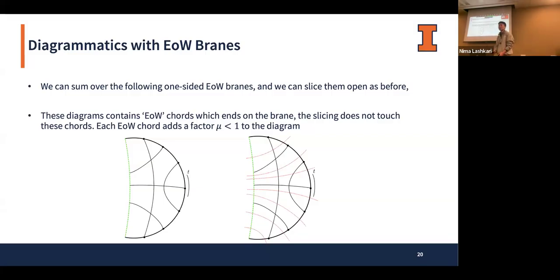Sorry, what is the length associated to an end of the world brane? Is it the number of chords that end on it? Yes, that's the expectation. In this Hilbert space, is L an operator? And are these the eigenkets of it? Are these the eigenvalues of it? You mean the L ending on this?